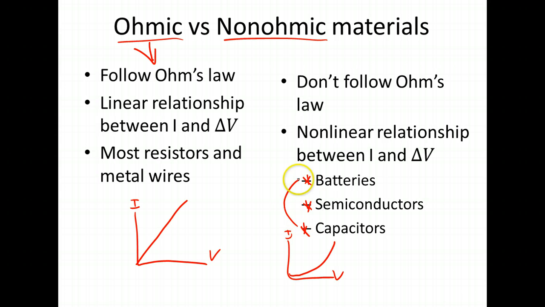You already know that batteries and capacitors are very similar. Semiconductors have a variable resistance depending on the amount of current going through them, and that's why they don't follow Ohm's law. So they have a relationship that looks a lot more like this: as I increase the current, the voltage difference changes as well.